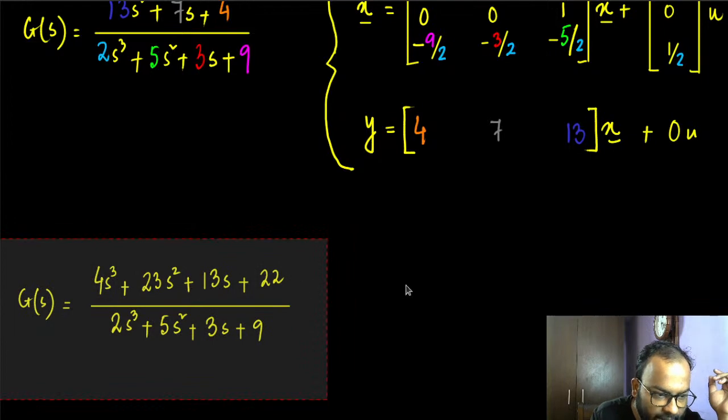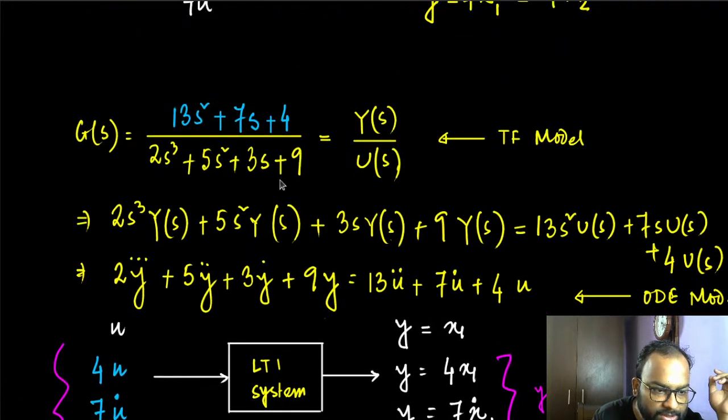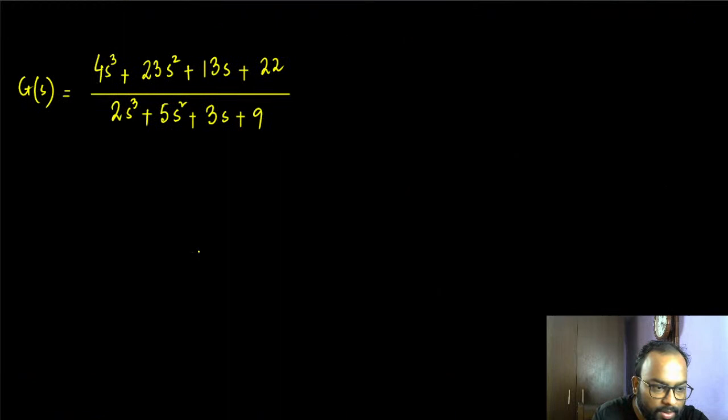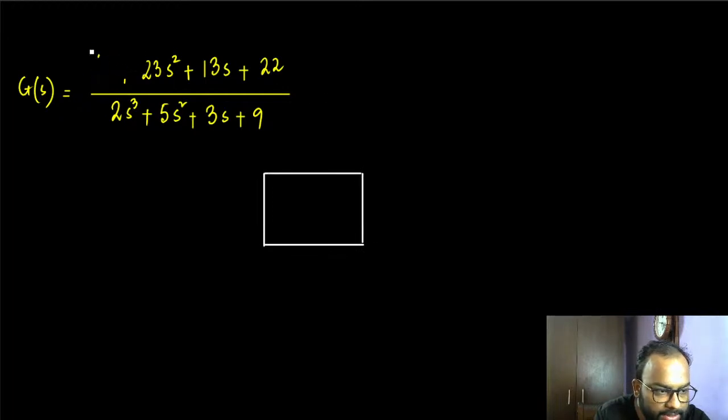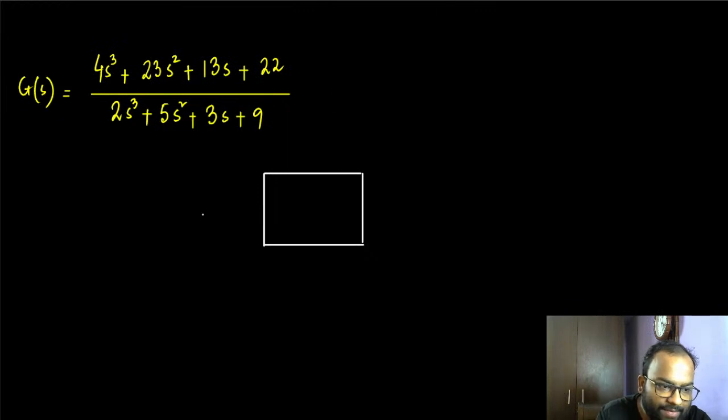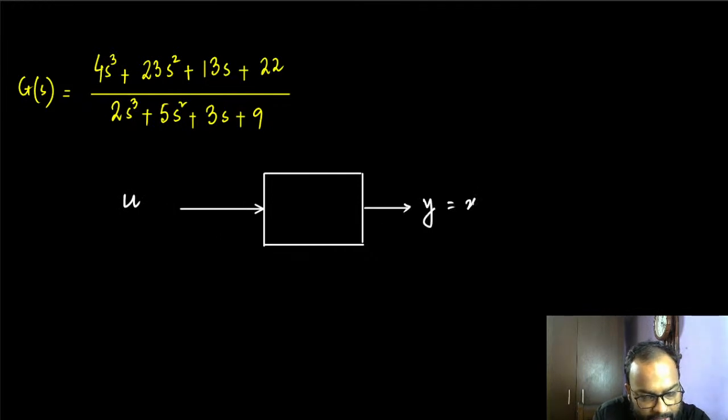Let me write down the differential equation similar to this. Then we see that we have a system, of course linear and time invariant, and if I just had 1 instead of all these, then the output would have been just x1, right? But we don't have that. So if the input is just u, the output is simply x1.